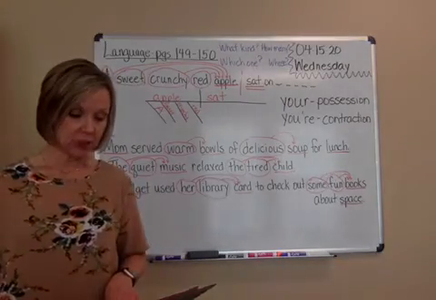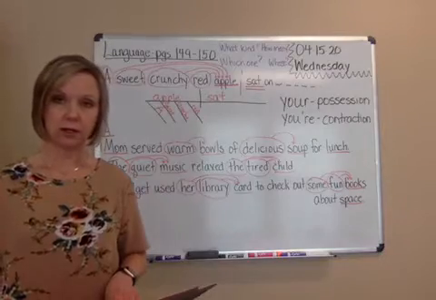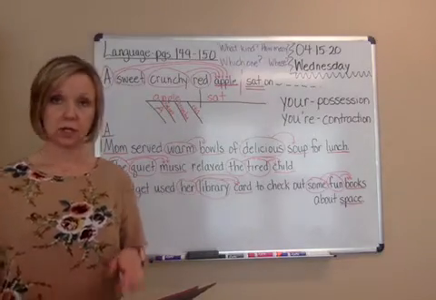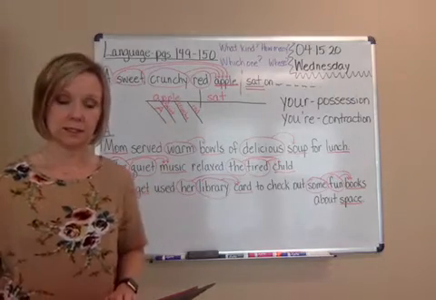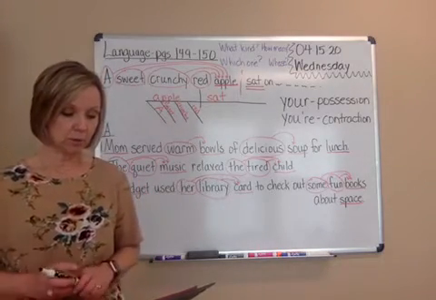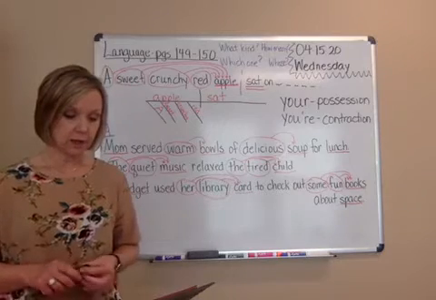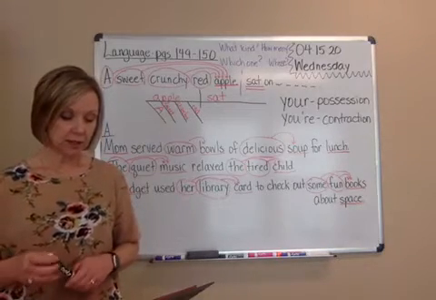And then T-H-E-Y apostrophe R-E is they are. It's a contraction. So you would need, just like with your, be able to break it apart and make it make sense in the sentence. So you can do remember, B, there. Think C. Let's look at that.